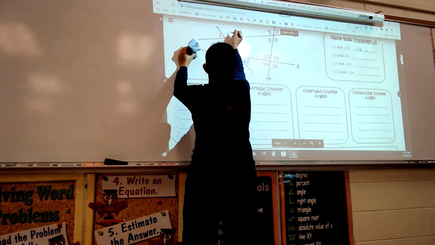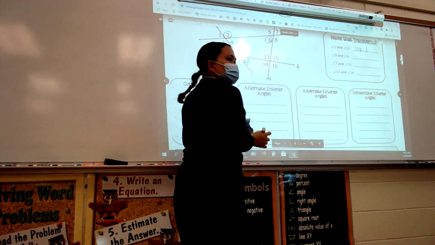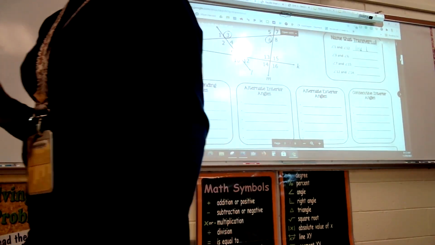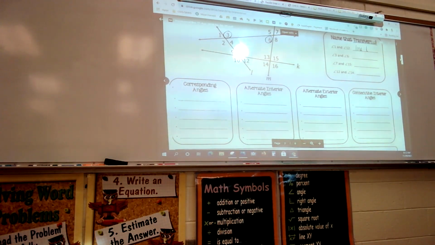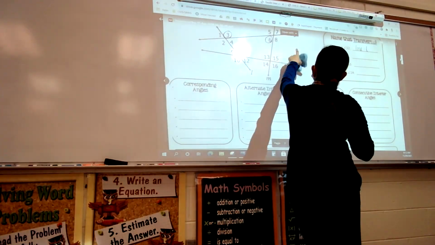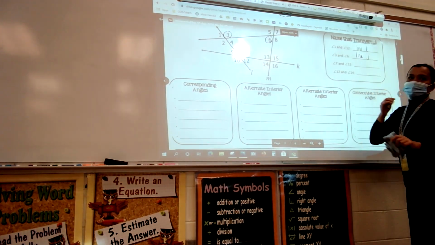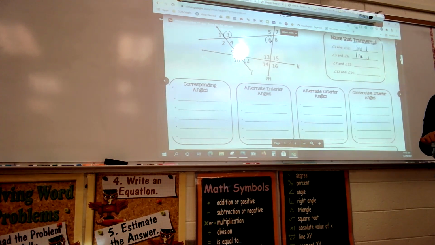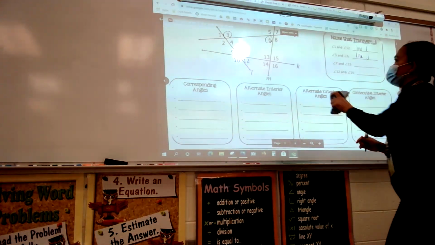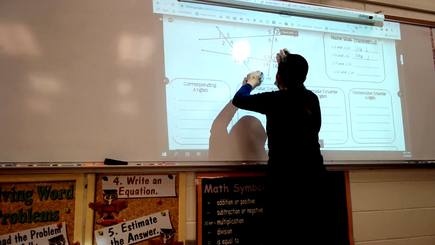Next. Angle 3 and angle 6. What transversal do they connect? What letter is this? J. So line J. Next, 7 and 15.